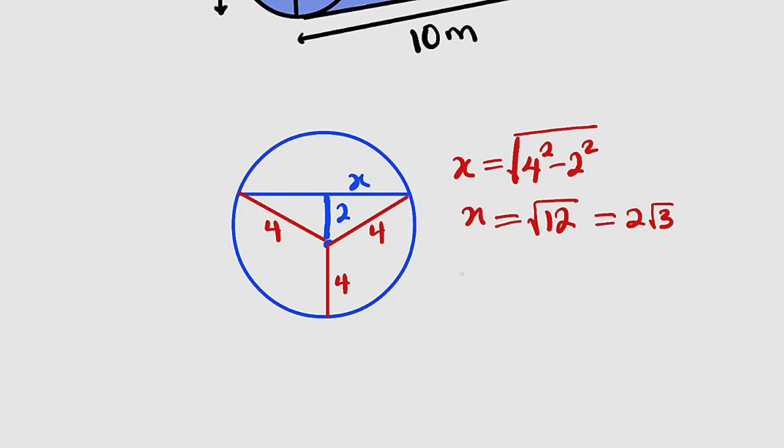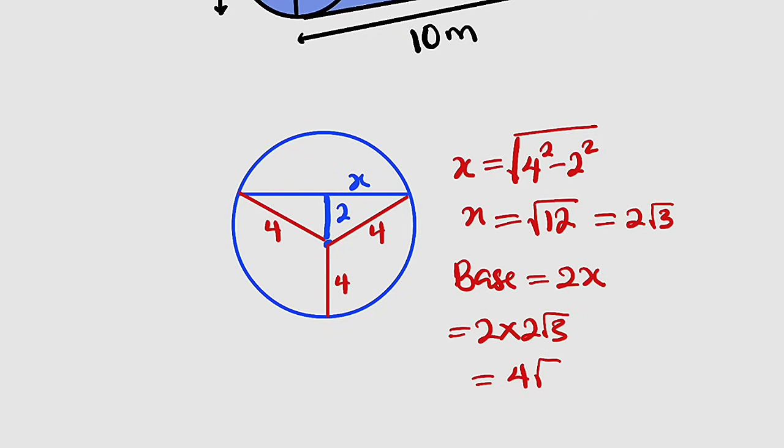What about the base? The base will be equal to 2x, remember, which is now equal to 2 times 2 root 3, which is equal to 4 root 3 meters. Therefore, the base of that triangle is equal to 4 root 3. So what will be the area of that triangle? It will be half the base times the height.